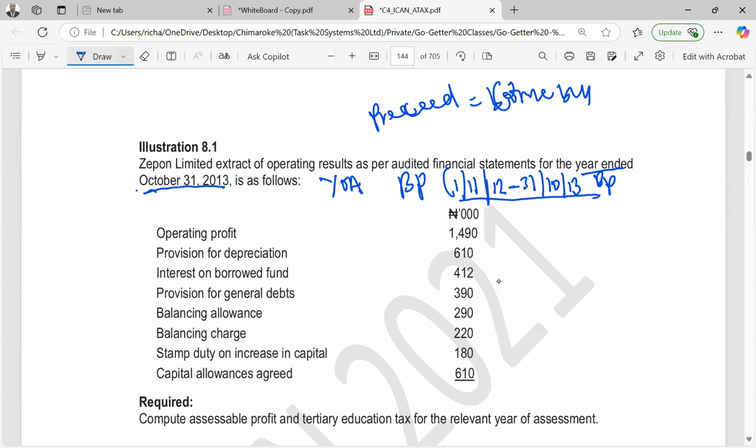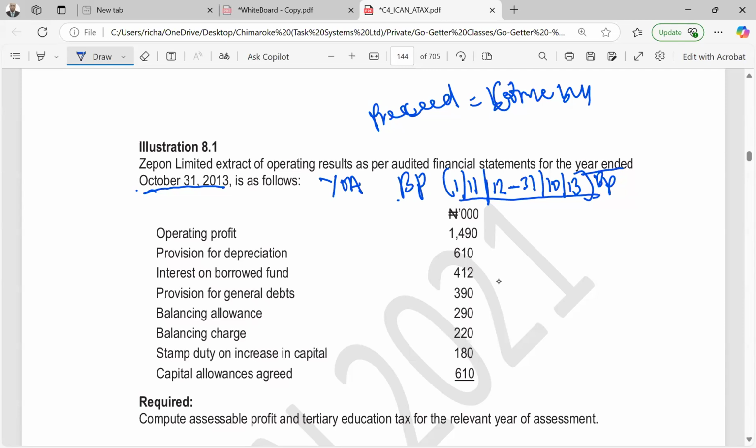This year of assessment, your basis period must precede it, meaning that this basis period comes before the year of assessment. You cannot be assessing me to tax in the same year that I'm making the profit. I must have made the profit first, then you charge me to tax later.